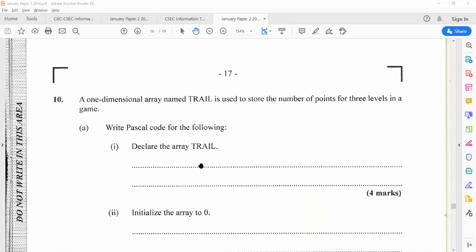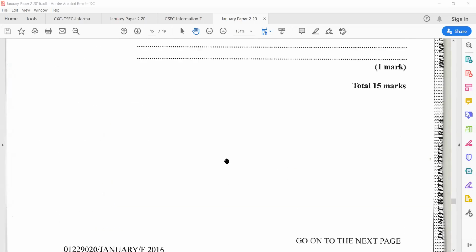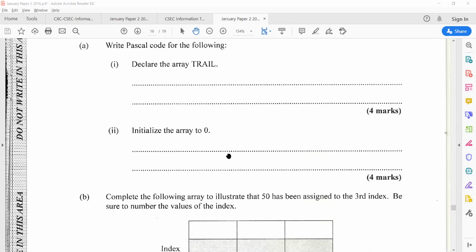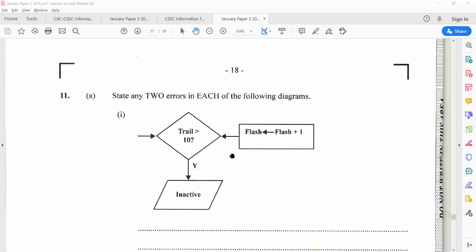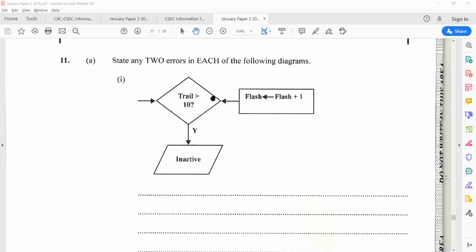All right, question 10 is a question on arrays, and that is something you all will not be evaluated on. The next question is question 11. In question 11, there's a flow chart, and they're asking to state 2 errors in each of the following diagrams, right?